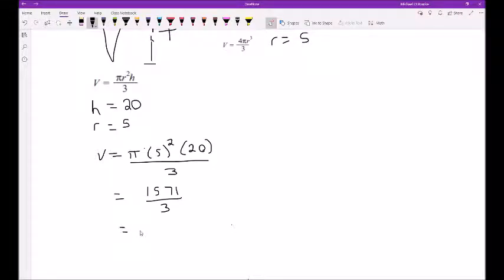How do you multiply by cubed on a calculator? What's the symbol? Okay, what calculator are you using, Alex? Is it one that kind of looks like this one?